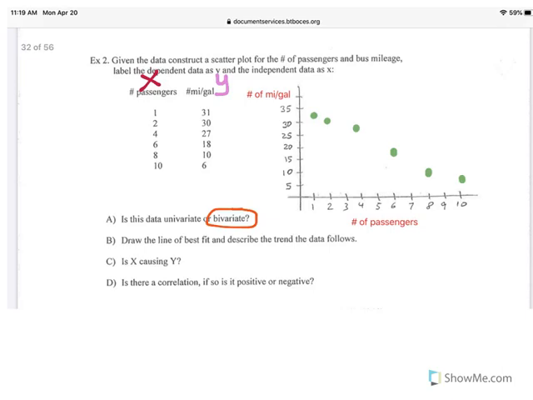Then in part B, we're going to draw the line of best fit and describe the trend of data that follows. So you're going to just do your best to draw a line, and looking ahead at part E, I would use the point (2, 30) and the point (6, 18), and if I had a ruler, I would connect those points with a ruler and draw a straight line.